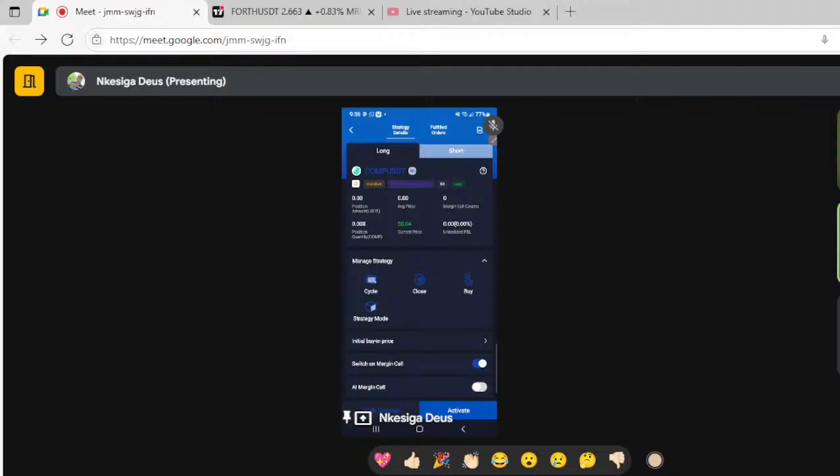Now, my question is, when you take 5x as your leverage, and you open your margin calls, for instance, let's say you put the default setting 3.5, 4, 4.2 there.